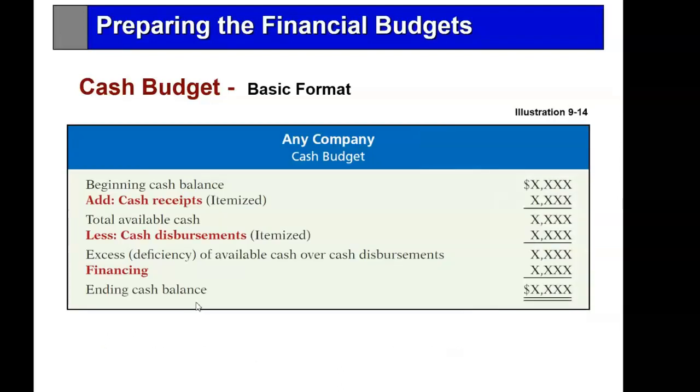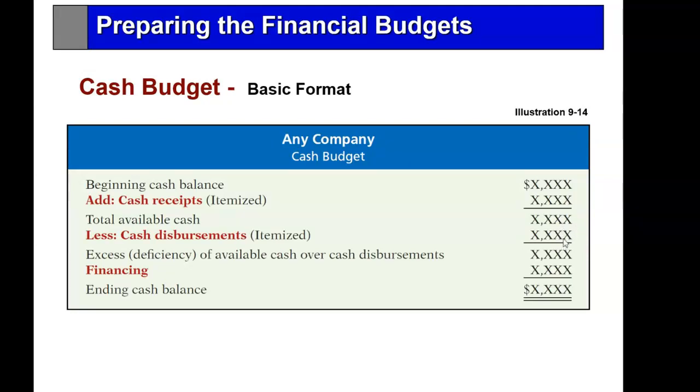All right. So basically, the basic format is this. I start off with so much cash. In comes cash receipts, total cash available. Out goes cash disbursements.